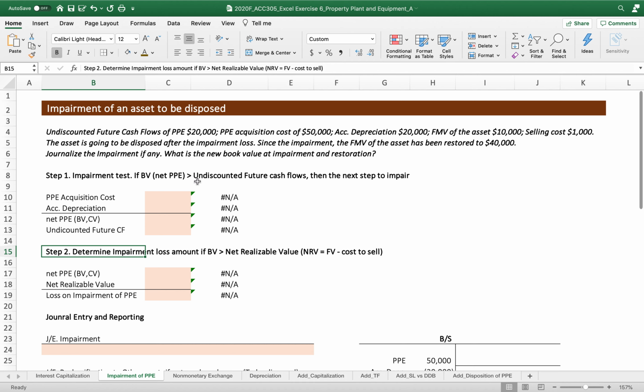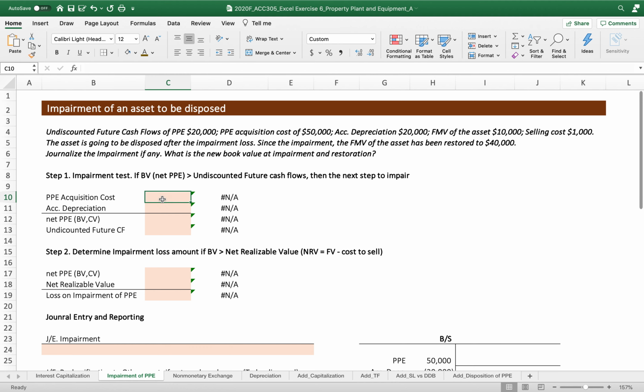So we just sum up these future cash flows generated by this asset. If this undiscounted future cash flows is lower than the carrying value, the book value, or net PP&E, then it has some probable issue of impairment.